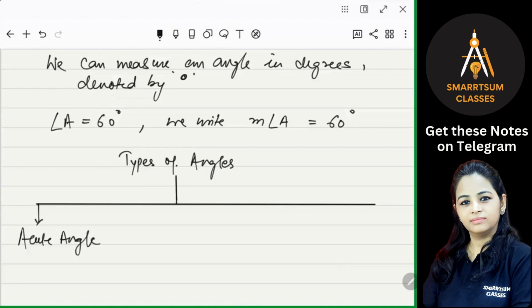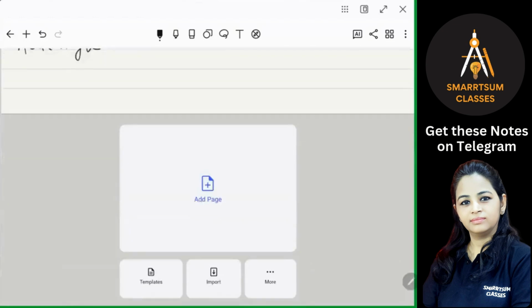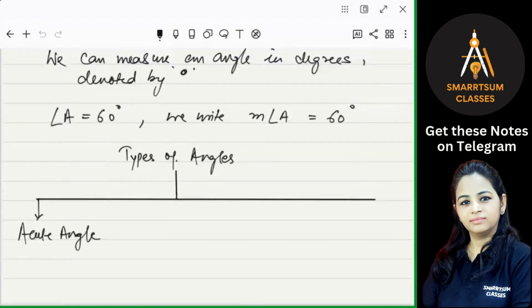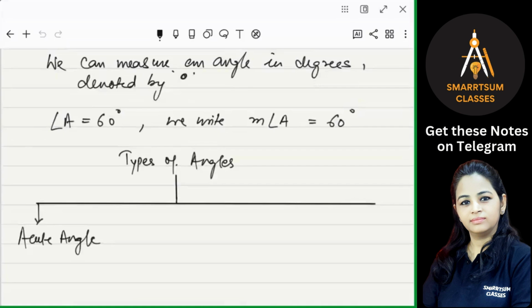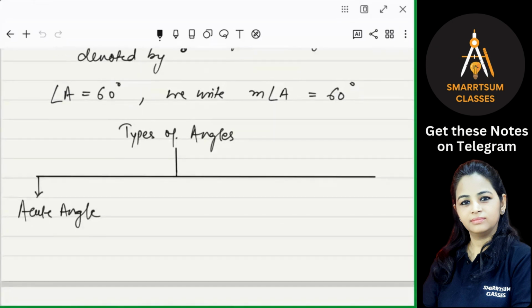What is an acute angle? Any angle whose measure is more than 0 degree but less than 90 degree is called an acute angle.